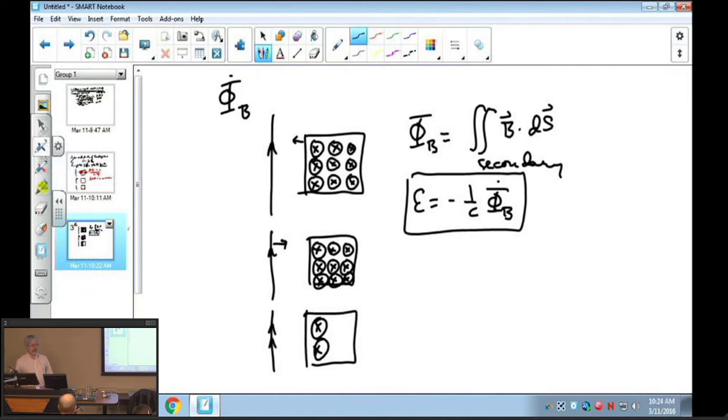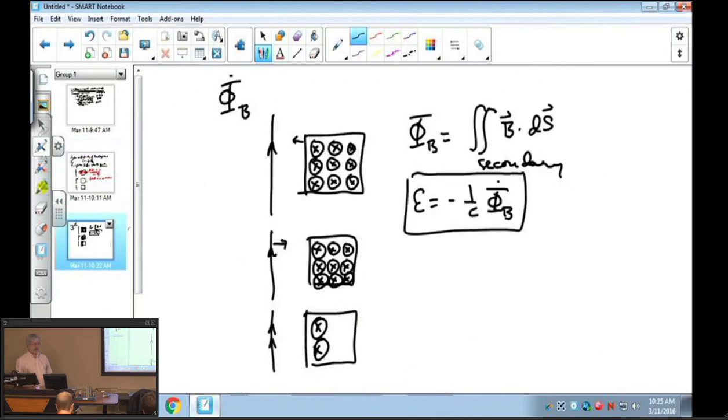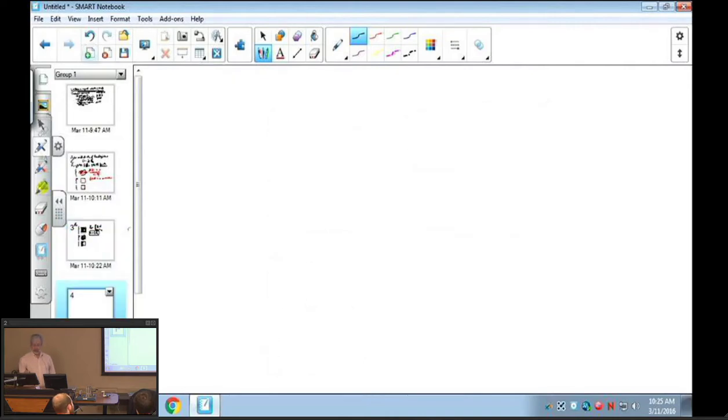So you can calculate with Faraday's law in situations like this, if you know what you're doing, but the main reason for understanding the Lorentz Force Law is to understand the origin of Faraday's law, right? The physical reason.